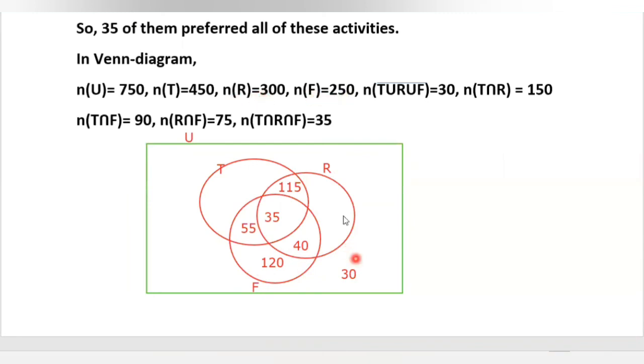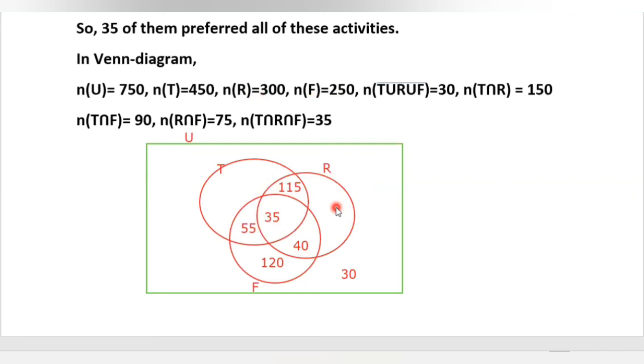Now n of R is 300. Now we have to see the total N of R. There are 300 members, you can suppose. Out of 300 members, 150 here, 35 here, 40 here. So how much do we need here? Let's do the calculation. Check 115 plus 35 plus 40.